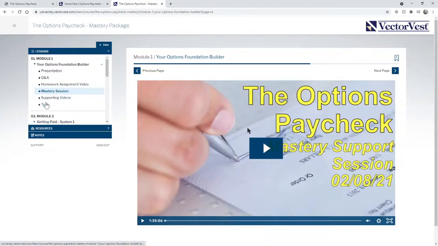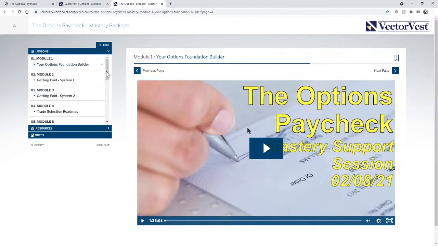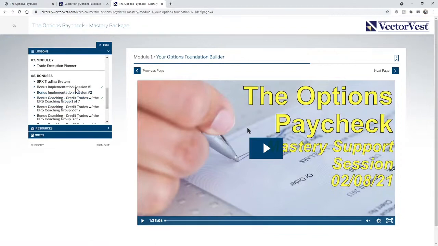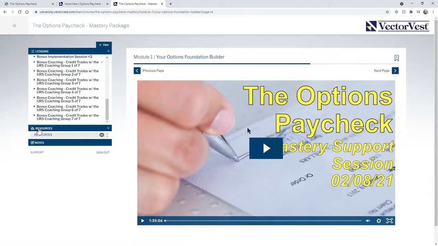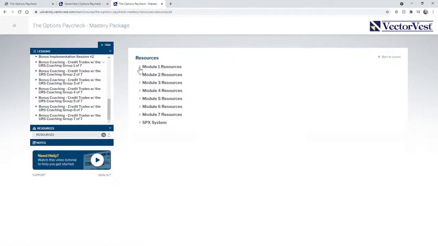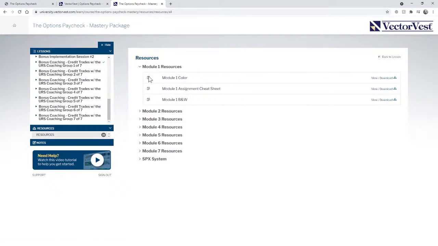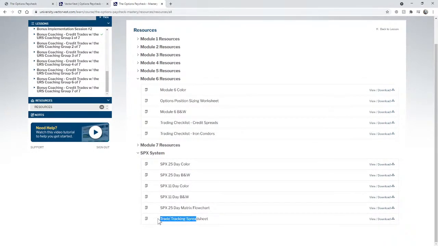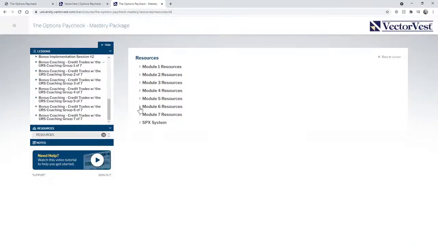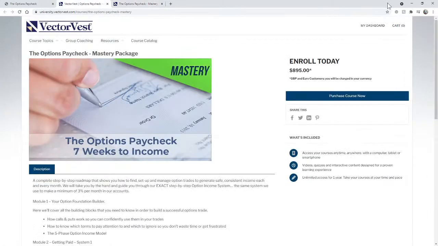Then you take a test to test your knowledge, all the way down through all the modules. You get all the bonus trading systems right here. Then we'll give you the recordings of all the coaching sessions that I mentioned in the resources section. You get the slides, black and white versions of those. You get the checklists, position sizing worksheets, and so on. You get a trade tracking spreadsheet, all available to you immediately after you register.